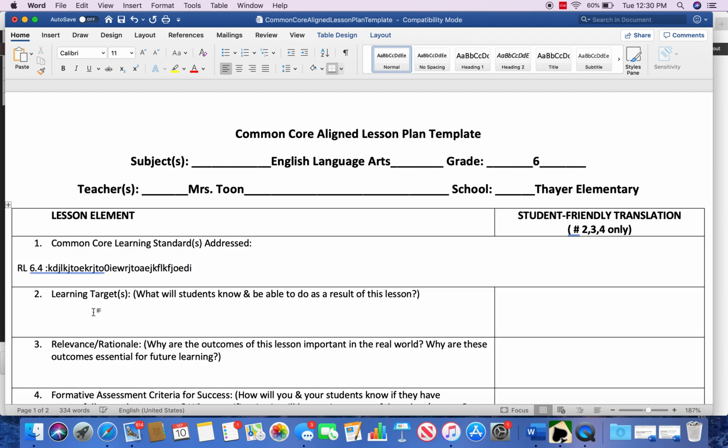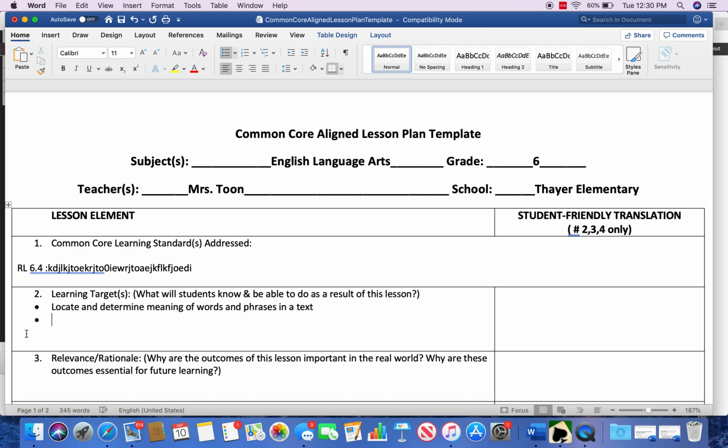What are the learning targets? In other words, what will these students be able to know and do as a result of this lesson? And here you can put bullets. Students will be able to locate and determine meaning of words and phrases in a text.